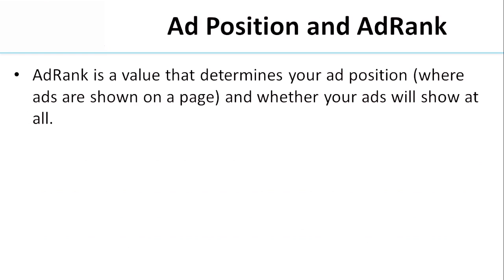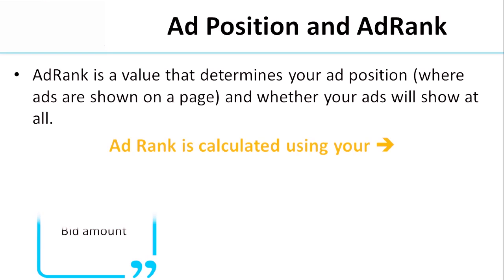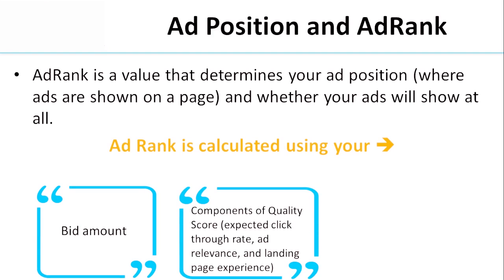Ad position and ad rank. Now, there is a differentiation between these. Ad rank is a value that determines your ad position. That is where the ads are shown on a page and whether your ads will show at all, right? So ad rank is calculated using your bid amount and components of quality score.